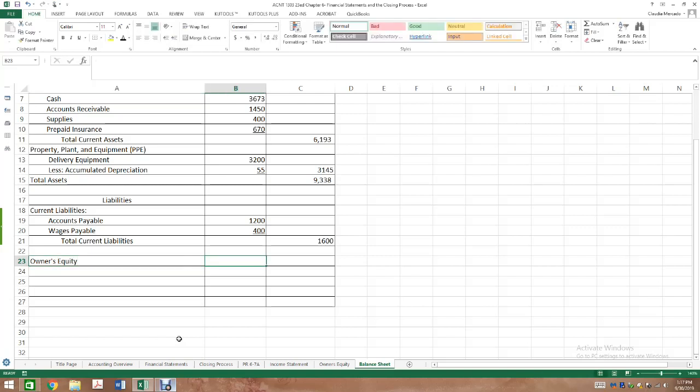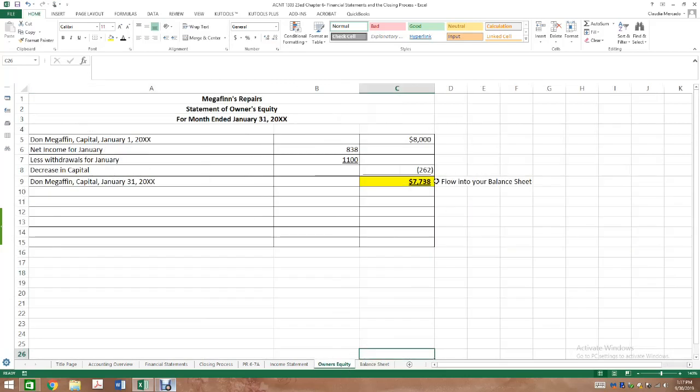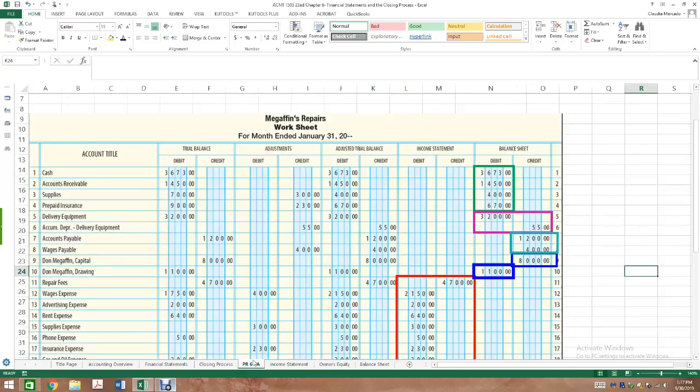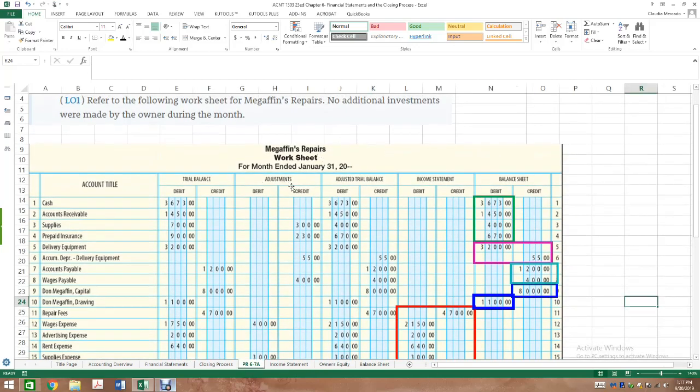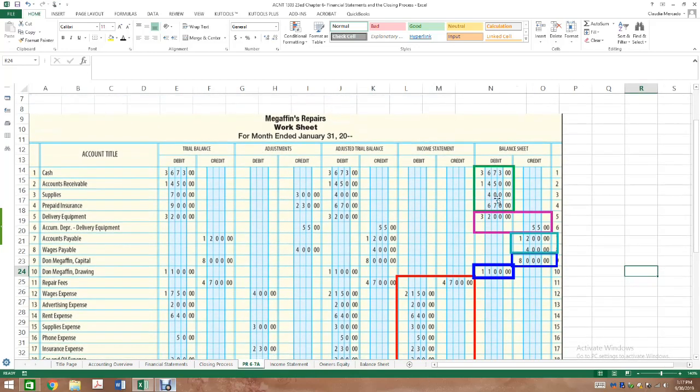Okay. I'm going to bring that in. I'm going to start off with my capital account. Your capital account, well, if you look at your worksheet, you've used up all of the numbers in your worksheet.